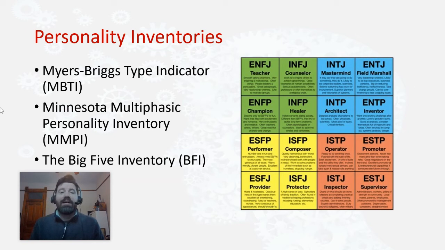The MMPI consists of 567 true false questions, and it takes a very long time to complete. And the reason someone would take the MMPI would be to look to see if there's any kind of abnormal behavior, specifically if there are any personality disorders. We haven't talked about personality disorders. We'll talk about them a little bit later in this unit.